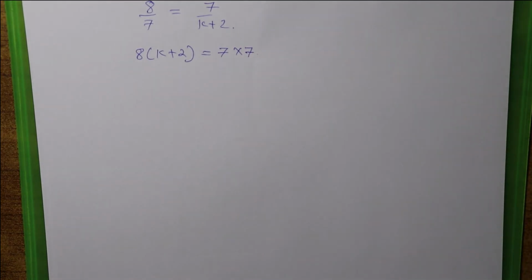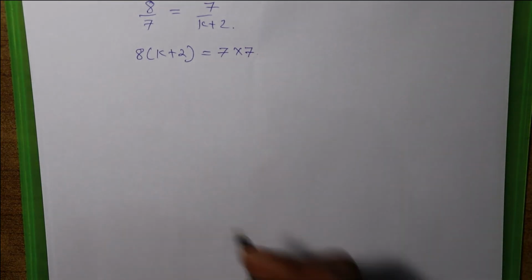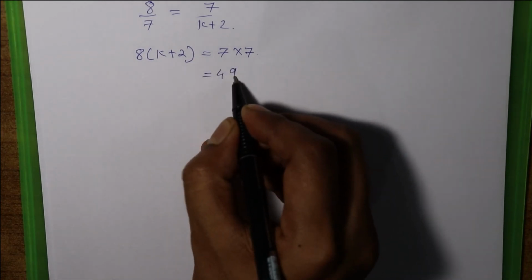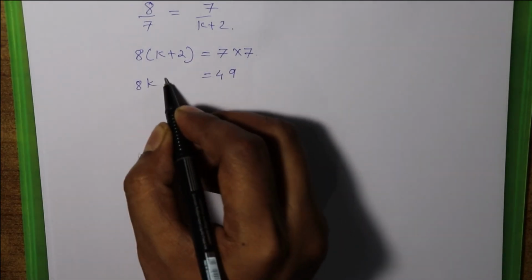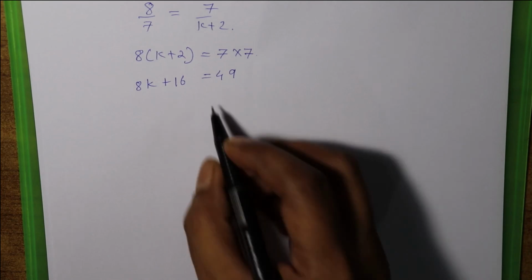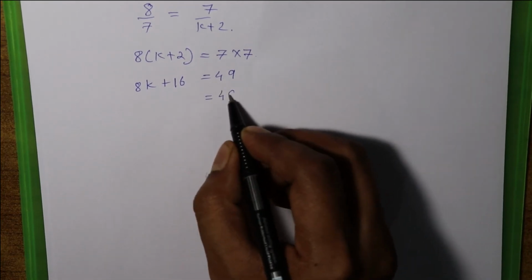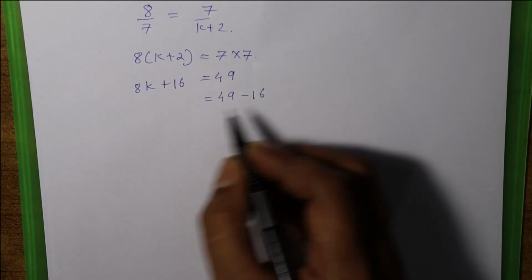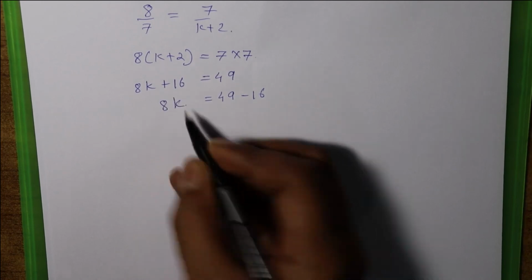We know that 7 sevens are 49, and 8k plus 8 twos are 16. With this we have 49 minus 16 is equal to 8k.